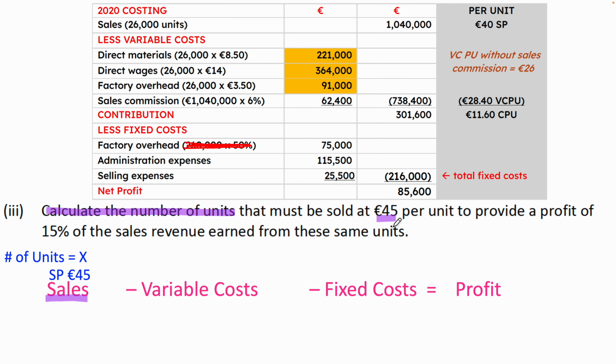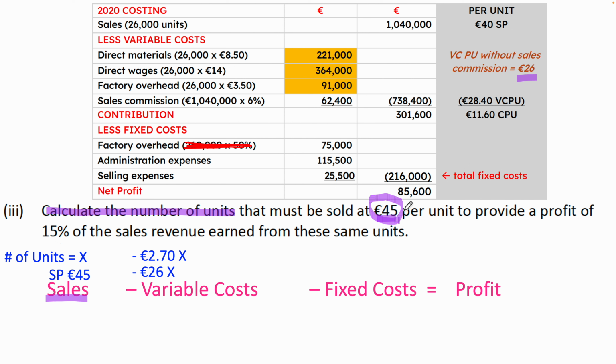Now, how many must they sell to provide a profit of 15% of the sales revenue earned from these same units? Okay, look, no change to variable costs apart from the fact that the selling price has changed. So therefore, we're going to use the €26 and we're going to work out what is 45 multiplied by 6%.